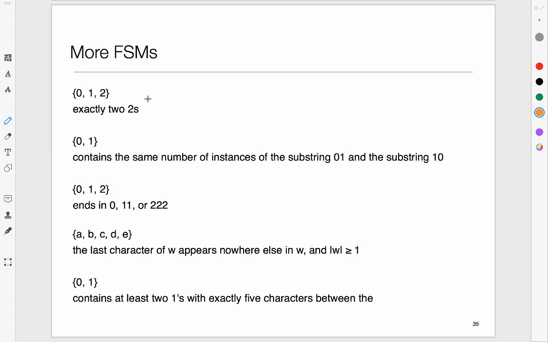So the last character of W appears nowhere else. Let's say XYZ is a valid string. ZXYZ is not valid because Z was the last character and it also appeared earlier. Any thoughts? And of course, in this case, we have A, B, C, D, E as the 5 possibilities.